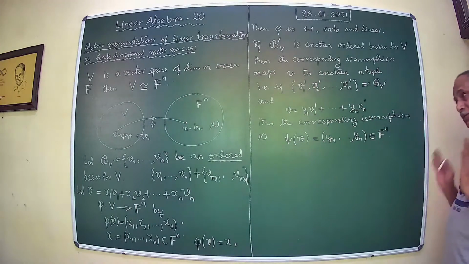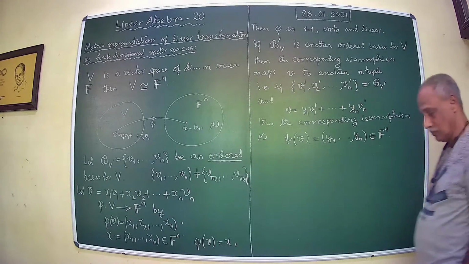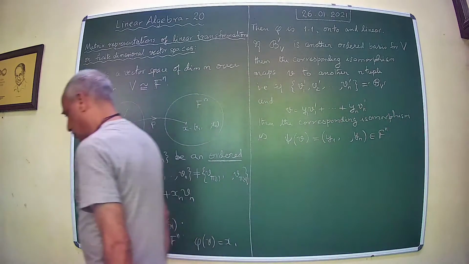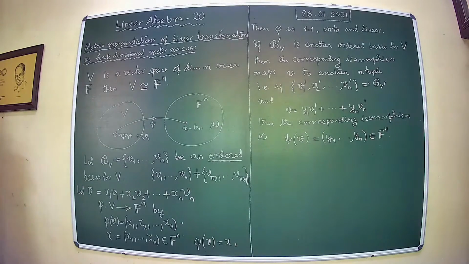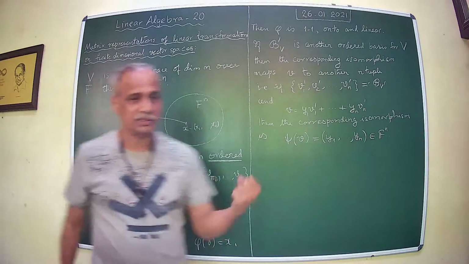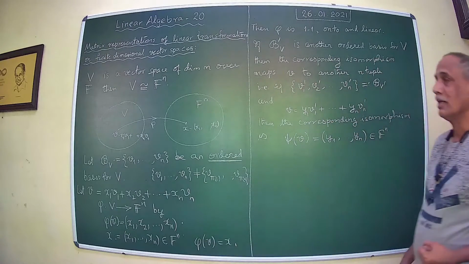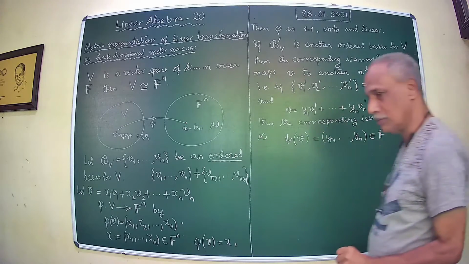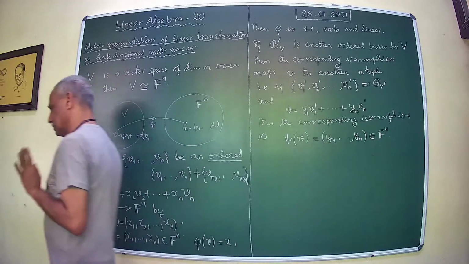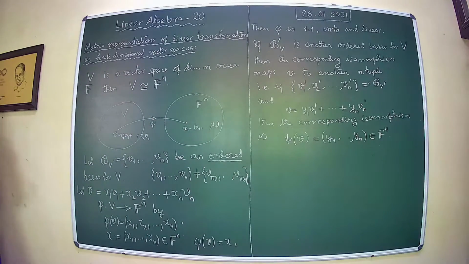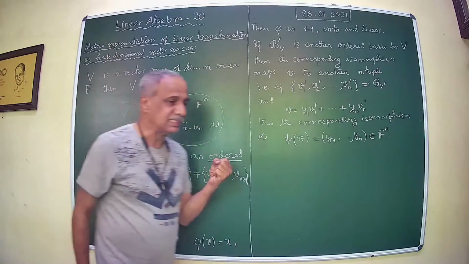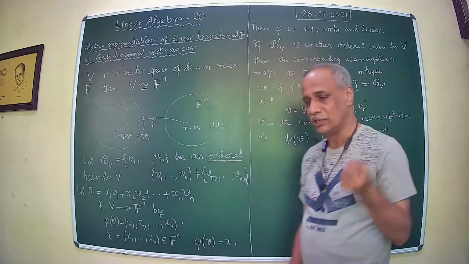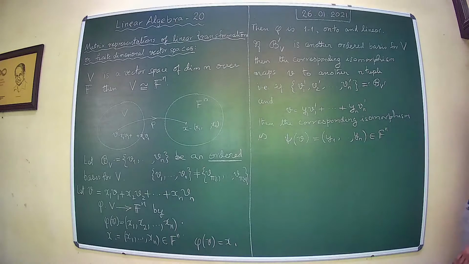And we already know that for a vector space over F, the choice of the basis is not unique. And the choice of every basis fixes a new isomorphism. Therefore, there are several isomorphisms, as many as the ordered bases that you can choose, available from V to F^n.